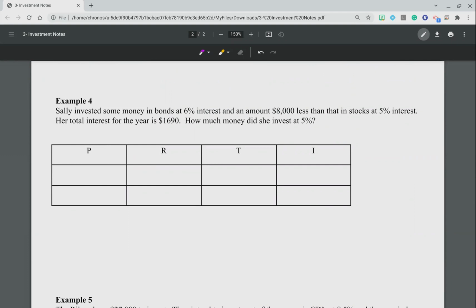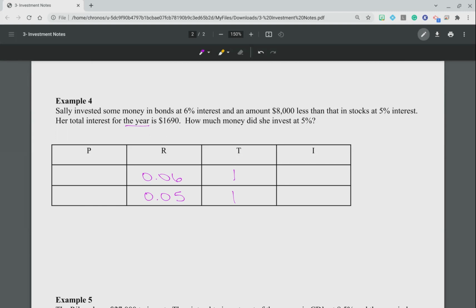All right, so we have two different interest rates. Let's see, our first one is 6% interest. And our second one is 5% interest. All right, each of these are 1 year. And then our principal seems to be the one that might be a little bit tricky to figure out.